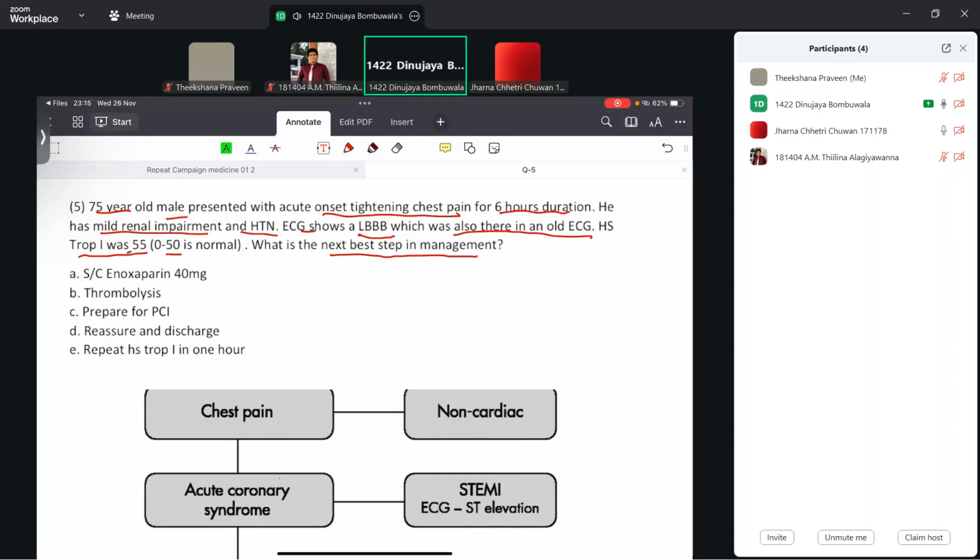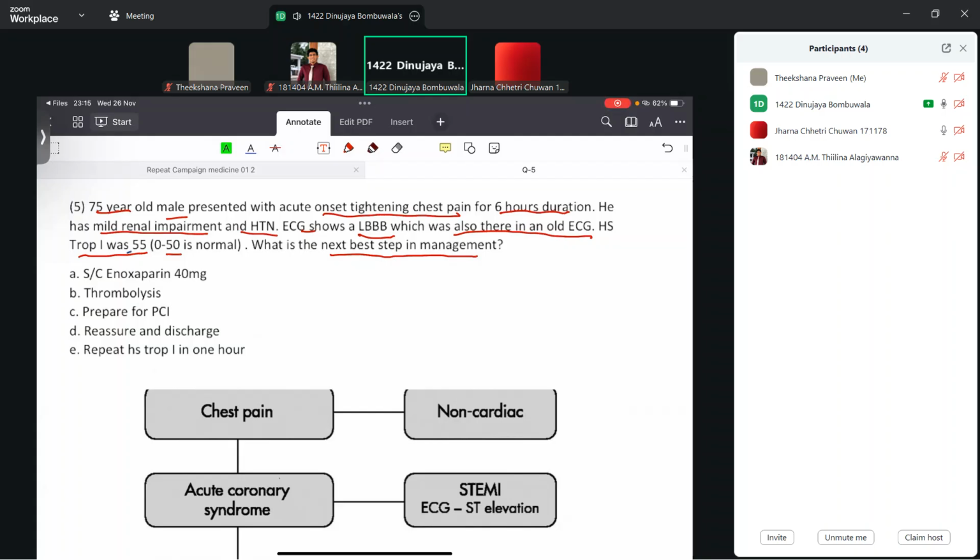If the ECG shows ST elevations or left bundle ST elevations, we treat it as a STEMI. If there is a left bundle branch block, we compare it with past ECGs to see whether it is a new onset left bundle branch block or a pre-existing one.